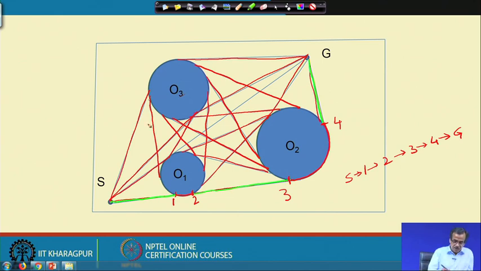Similarly, there could be some other feasible path. For example, I can also consider some other feasible paths. For example, another feasible path could be something like this. So, you start from here, then you reach this particular point. From here, you follow this particular circular path up to this. Now, from here actually what you can do is, you can follow this type of tangent path.